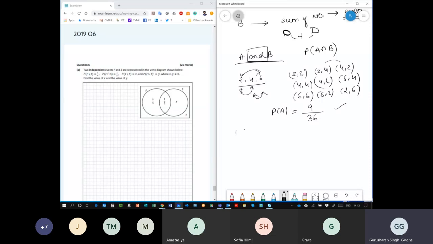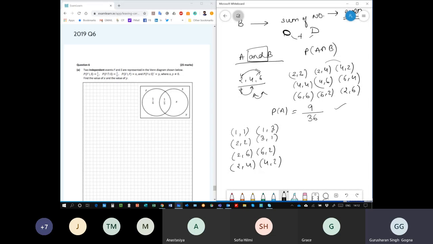So 1,1, 2,2, 2,6, 6,2, 2,4, 4,2, so the sum of the numbers should be even. 1 plus 1 is 2, so that's why it's considered. 1,3: 1 plus 3 is 4, so I can use 3,1 as well.